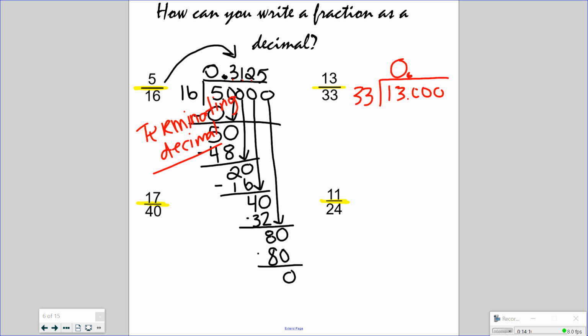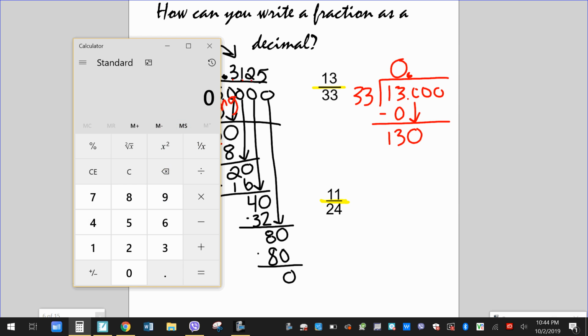Well, I know that's 0. So we'll have a remainder here, 130, and then now I need to ask myself, how many times does 33 go into 130? Once again, I'm not great at my multiples of 33, so I'm going to check this out. 130 divided by 33. So it can go into there 3 times.